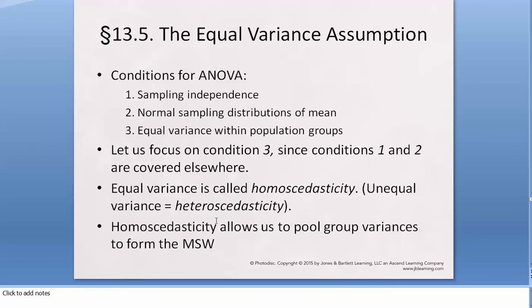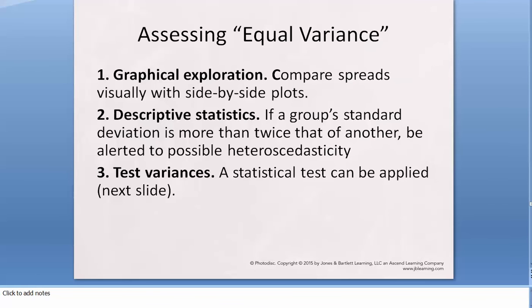Now there are tests for homoscedasticity. I don't want you to know that for the test, but I just want to show you. So assessing equal variance is the most important. Even by looking at the standard deviations, you can get an idea. If the standard deviations for the different groups are very different from each other, that means the variances are different.